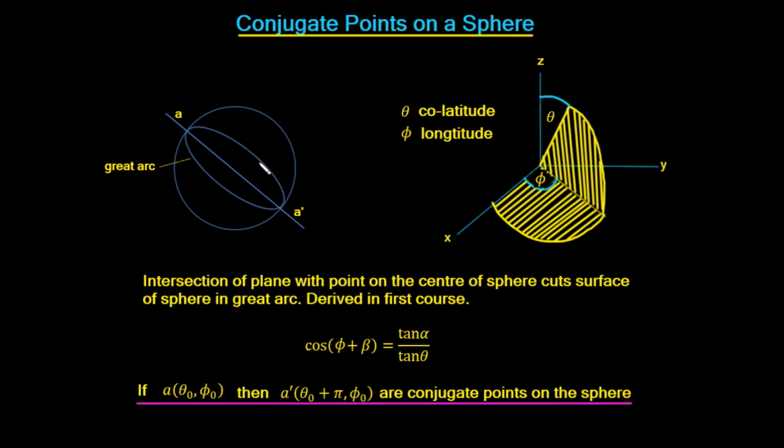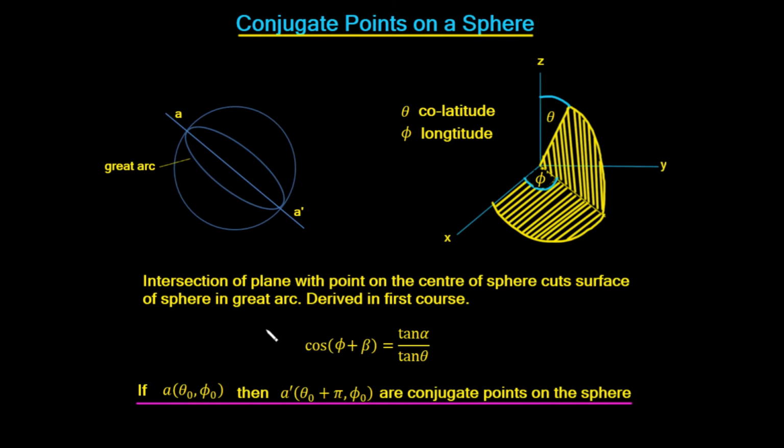Now we've gone through that derivation in the previous course, so you can always have a recap and look back and see that derivation. So we derived the equation of the great arc in that manner, and it's given by this equation here, cos of phi plus beta equals tan alpha upon tan theta. Now we're not going to go over that equation again, so have a look back in the previous course and you'll see where that came from.